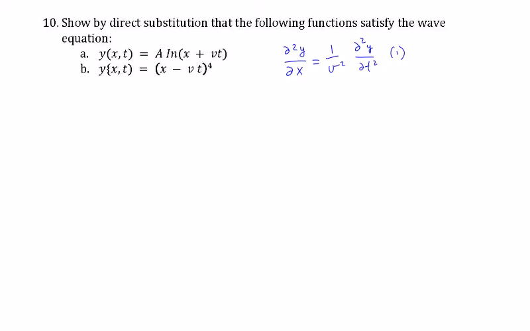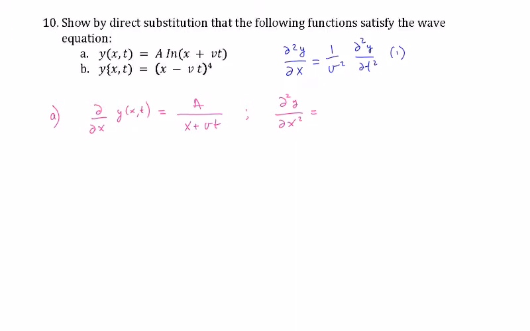I'm going to start with the first equation. So d dx of y(x,t) should equal a over (x plus vt), and then take the second derivative of that, d 2y dx 2.